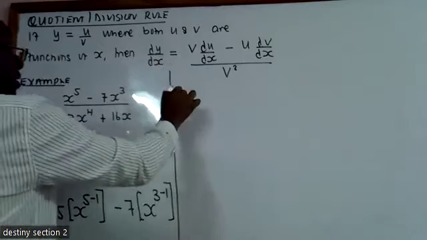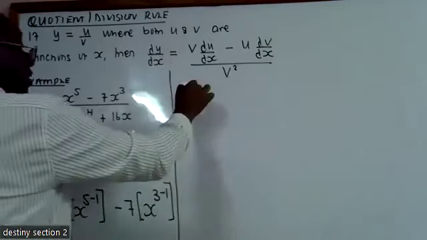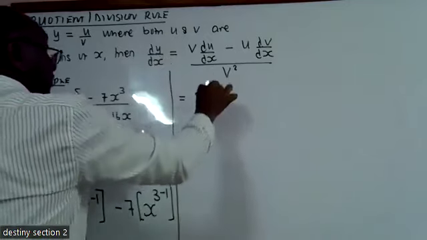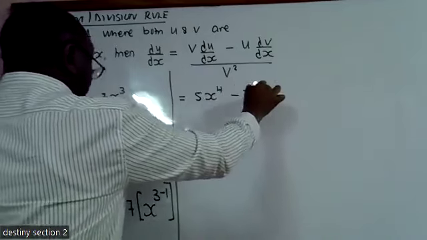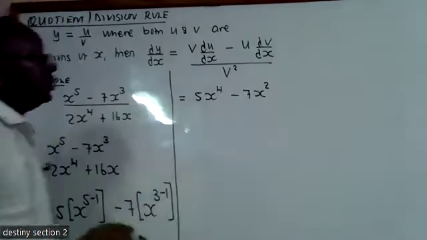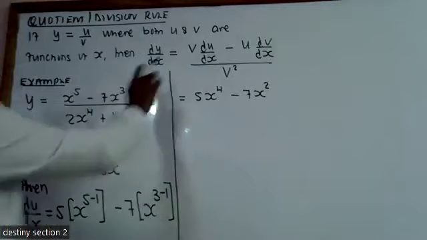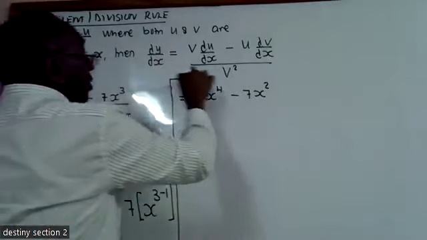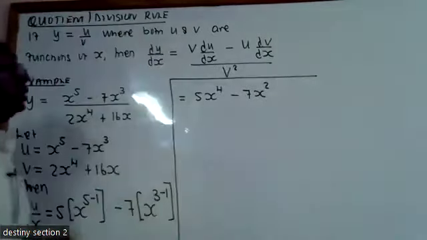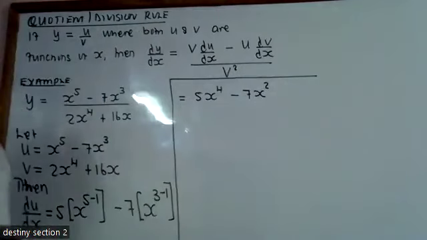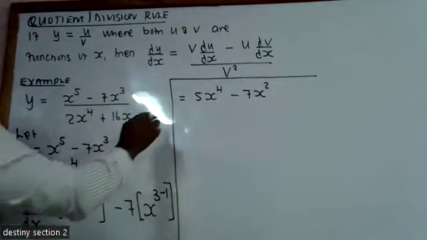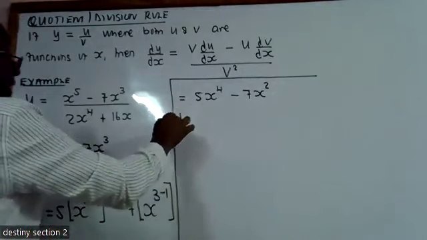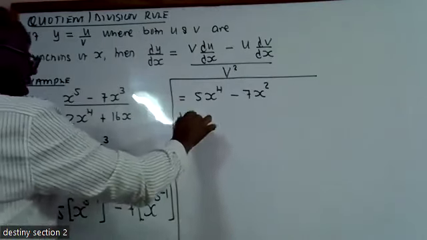So this translates to 5x raised power 4 minus 7x raised power 2. Then dv/dx will be equal to, this is 2.